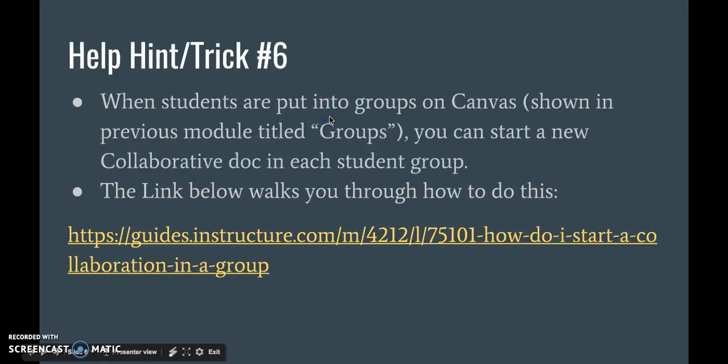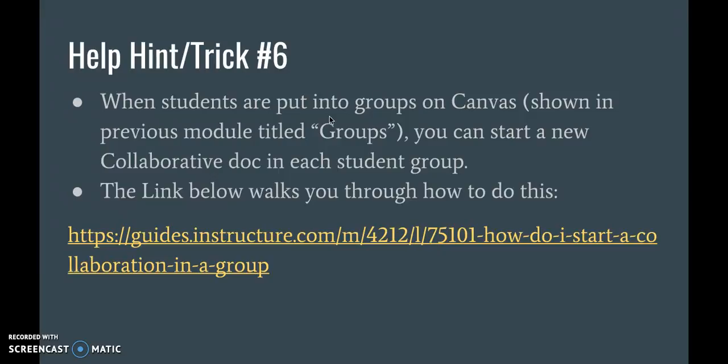Okay, so like I just showed you in the last tutorial, how do I create a Google Doc or spreadsheet? This is another awesome feature. You can actually put a special collaboration for a certain group, which you will be able to see how to actually do in detail in another module in this Canvas course titled Groups.